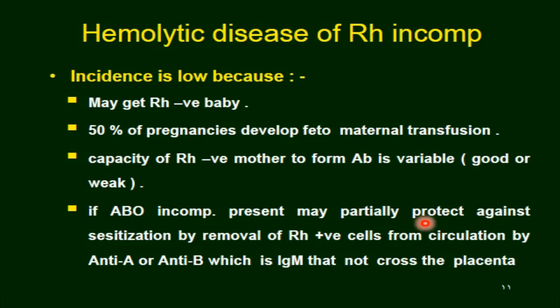The capacity of the Rh negative mother to form antibody is variable, so it may be weak. If ABO incompatibility is present in association with Rh incompatibility, the mother may be partially protected against sensitization by removal of Rh positive cells from circulation by anti-A or anti-B, which is IgM that does not cross the placenta.